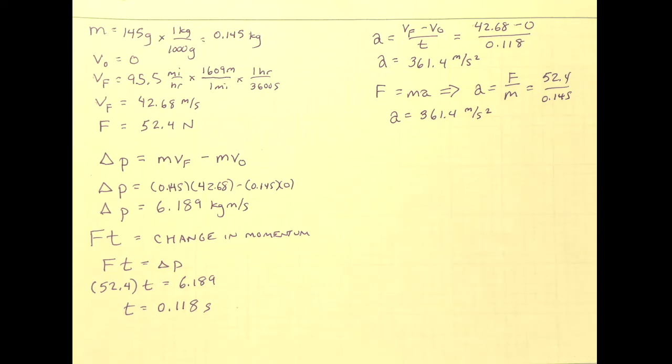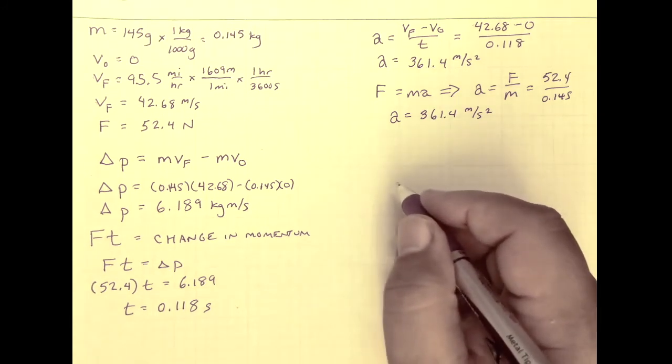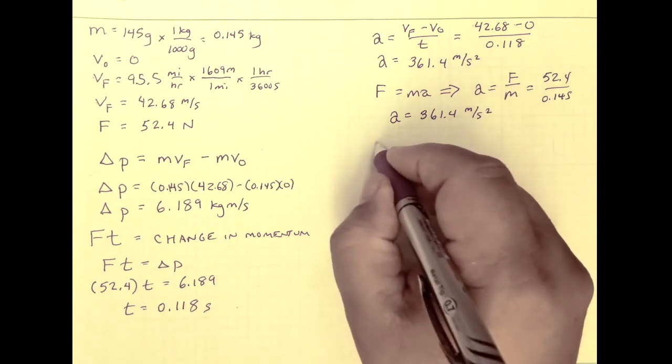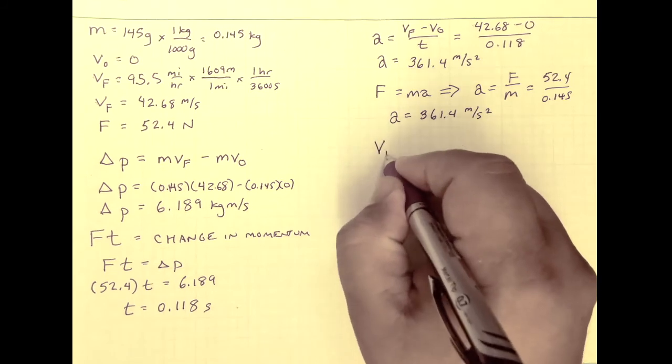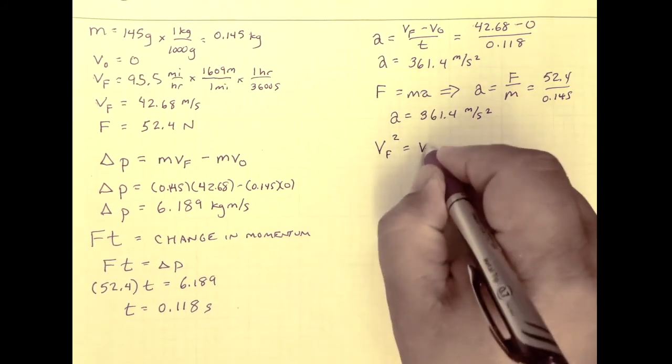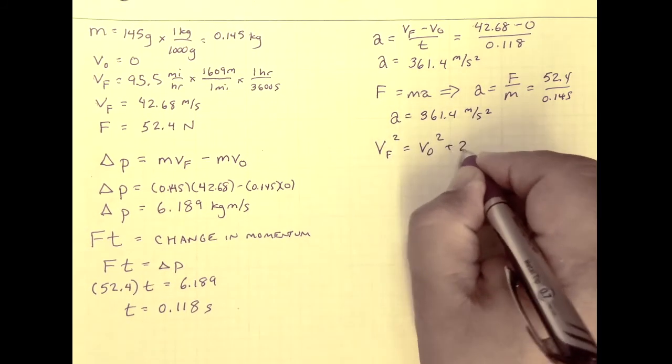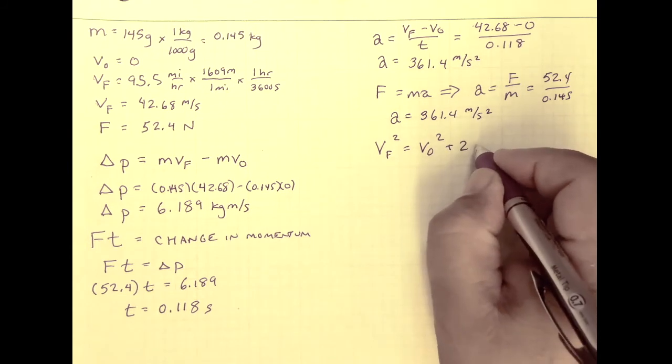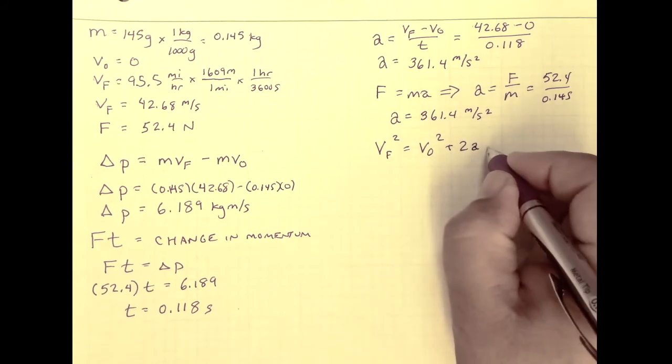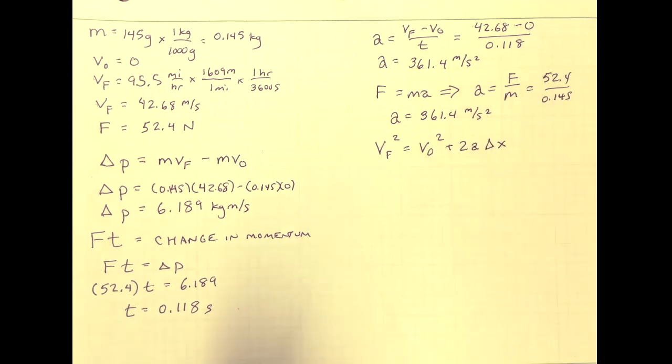Finally, we are asked, assuming the ball moves perfectly horizontally, what distance does the ball move before the pitcher releases it? Well, we can rely upon one of the kinematics formulas for this. Final velocity squared equals initial velocity squared plus 2 times acceleration times the displacement.